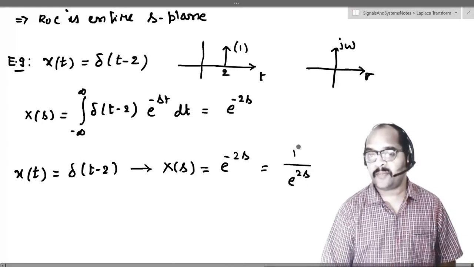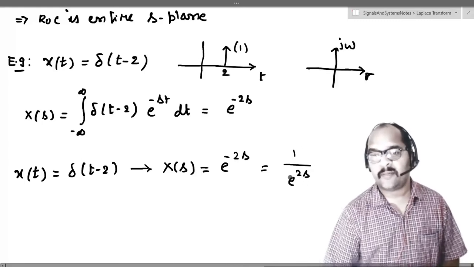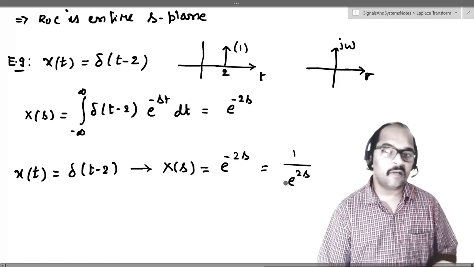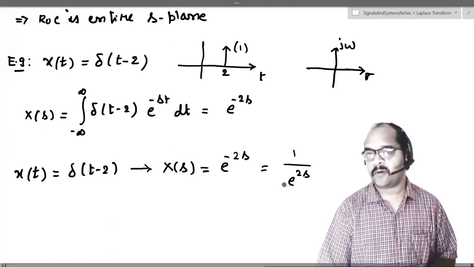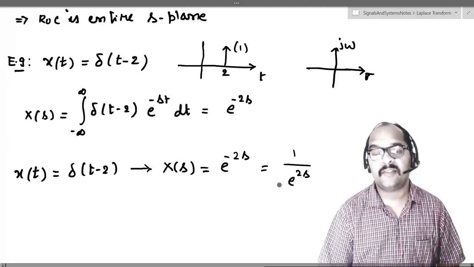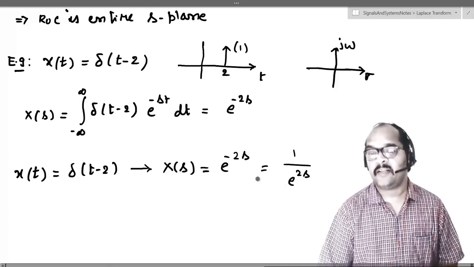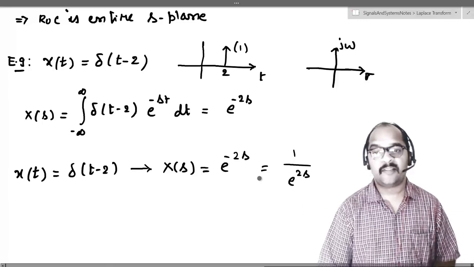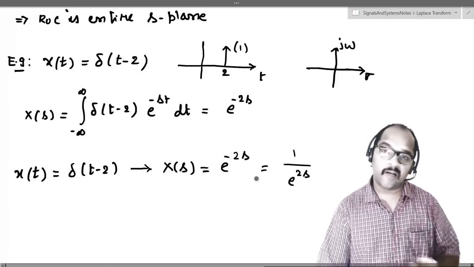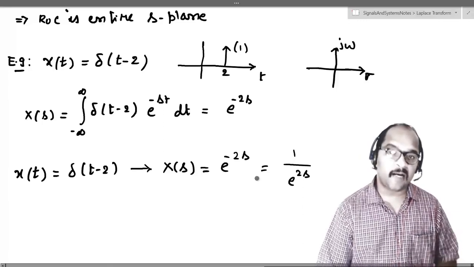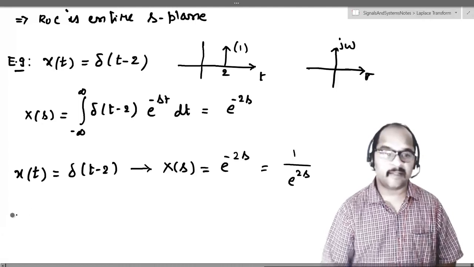No problem. If you replace s with infinity, I'll get 1 by e power infinity, which is equal to 0. It is converging, not a problem. But what happens if I replace s with minus infinity? This will diverge. And hence, what do we say? X of s converges for all values of s except at s equal to minus infinity.